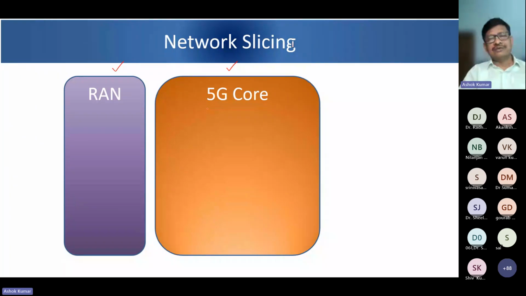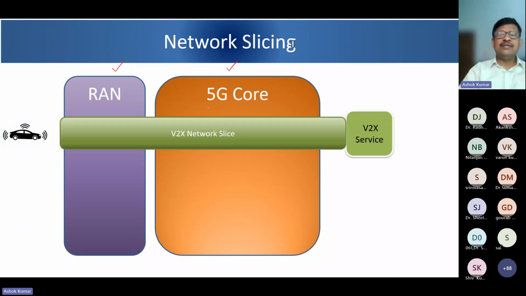The 5G core would consist of multiple instances of each of these network functions, and these can be virtually divided into slices. In this example, suppose we have a slice for, say, an autonomous car. We will call it a V2X network slice, and it will connect to a data network which is the V2X service. Every service will have its own server, and that will be part of the slice.